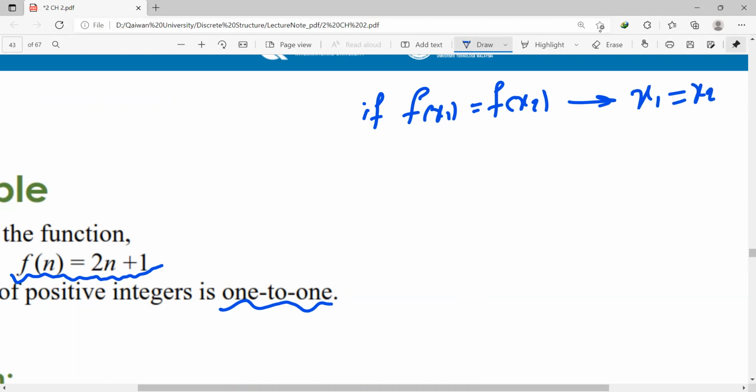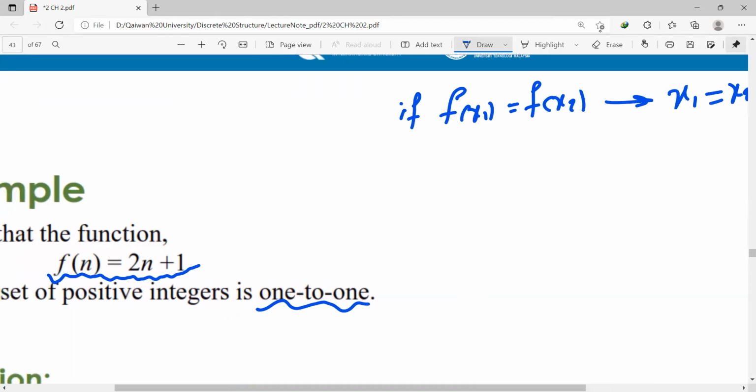Here we have given this function: f of n equals 2n plus 1. We are going to take two elements and we find their images. And we let the images be equal. So we must show that the elements are equal also.